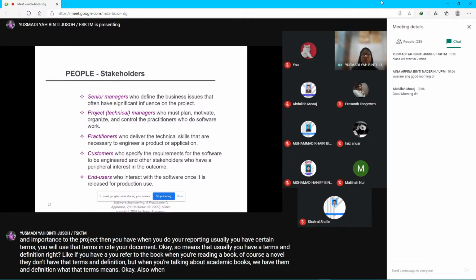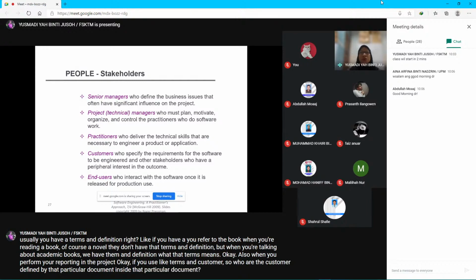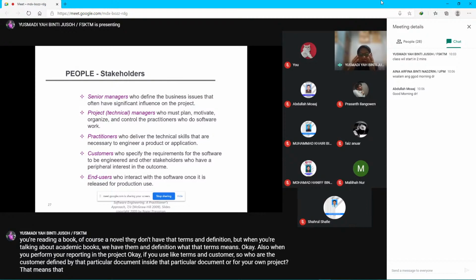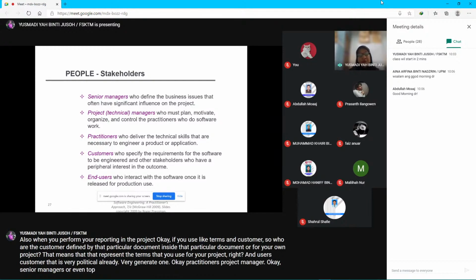Also when you perform your reporting in the project, if you use a term like customer, who the customer is gets defined inside that particular document, or for your own project. It represents the terms that you use for your project. End users, customer, that is very generic. Practitioners, project manager, senior managers, or even top management, if you have those terms.